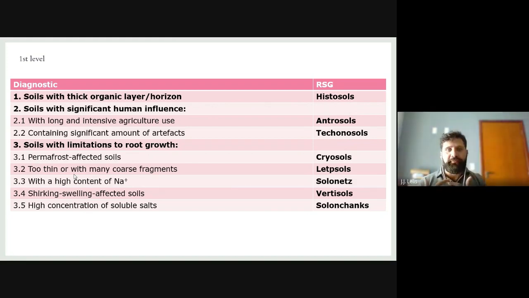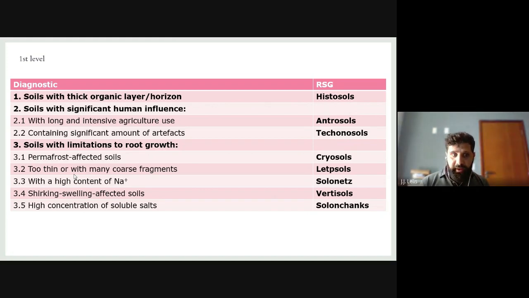we also have some soils that possess a limitation to root growing, but it's not because of temperature, it's not because it's too thin, but because it possesses a high content of exchangeable sodium. Exchangeable sodium is not good for the vegetation, because it's a nutrient, but in high contents, it starts to dry the seeds, to dry the roots, and the vegetation couldn't grow in this area.